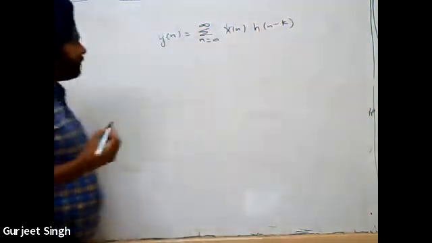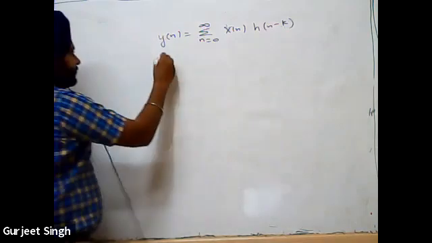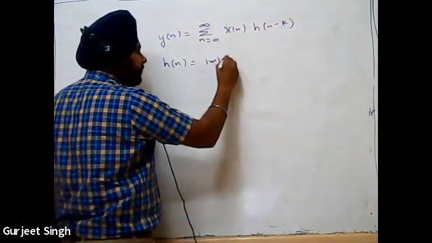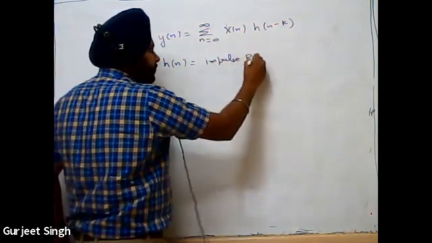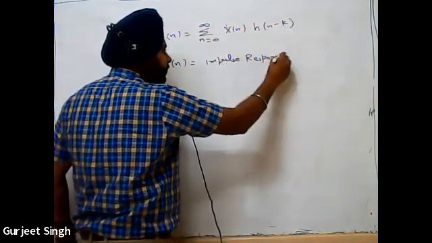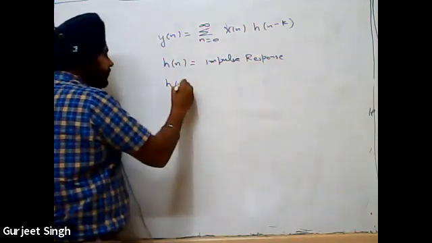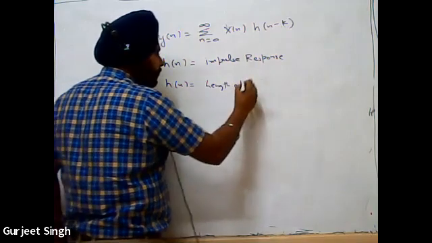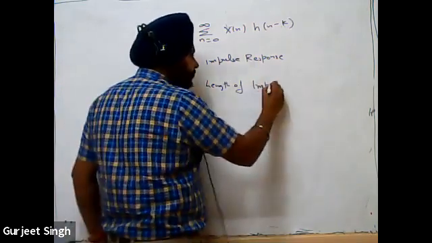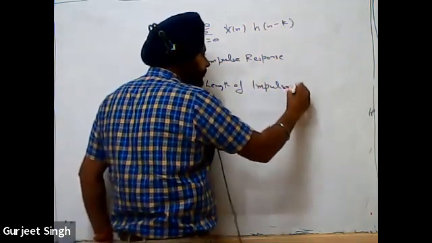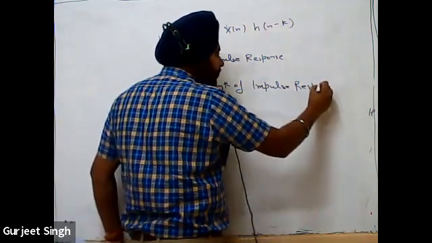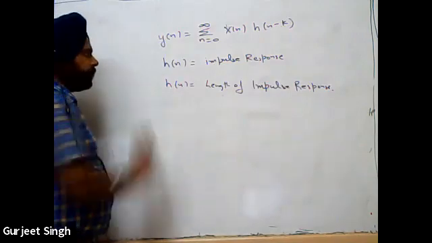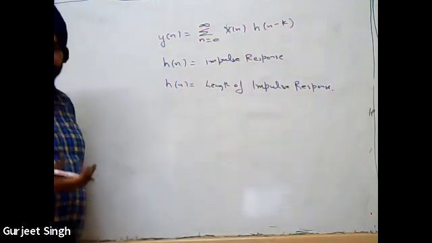This is the equation for the causal system. h[n] plays a very important role. This is called the impulse response, and the length of h[n] is called the length of the impulse response.